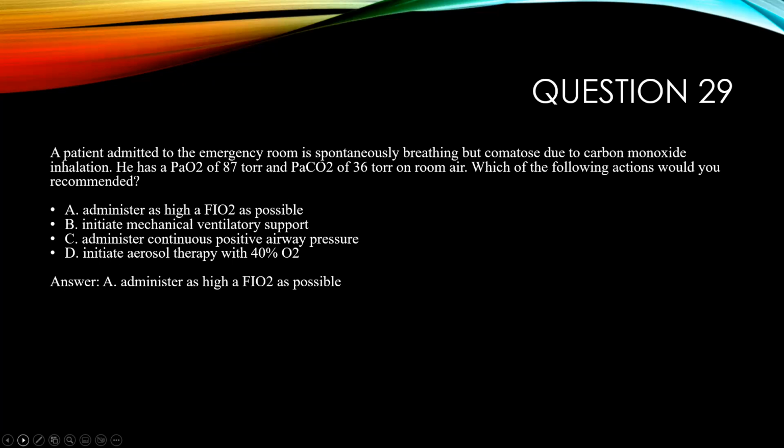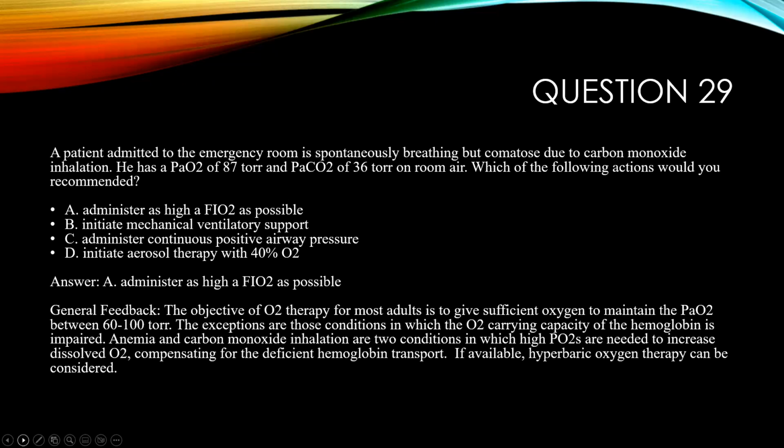The answer is administer as high FiO2 as possible. Let's look at why. The objective of O2 therapy for most adults is to give sufficient oxygen to maintain a PaO2 between 60 and 100. The exceptions are those conditions in which O2 carrying capacity of the hemoglobin is impaired. Anemia is one of those conditions, particularly where you have a hemoglobin in that 7 to 9 range, where it's not just a little low, it's very low.